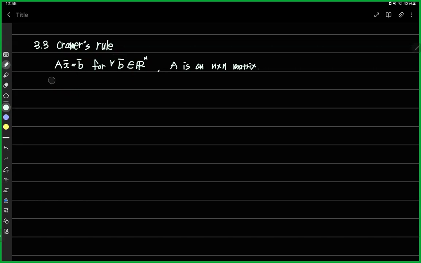To do that, let me introduce a new notation. For any n by n matrix A, and B in R^n space, we write A_i(B).